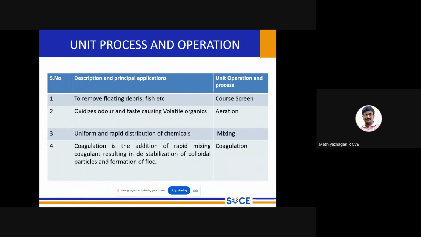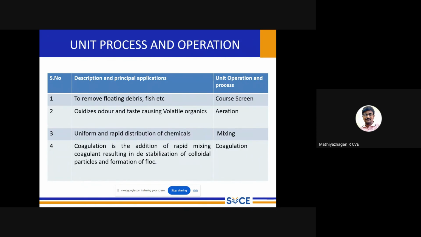impurities. So for the removal of floatable debris or any kind of fish or other living things, we have the coarse screen. Mostly these kinds of coarse screens are provided at the intake structure, which is available at our sources. Next, because of a lot of organic matter available in our raw water, decomposition is happening.